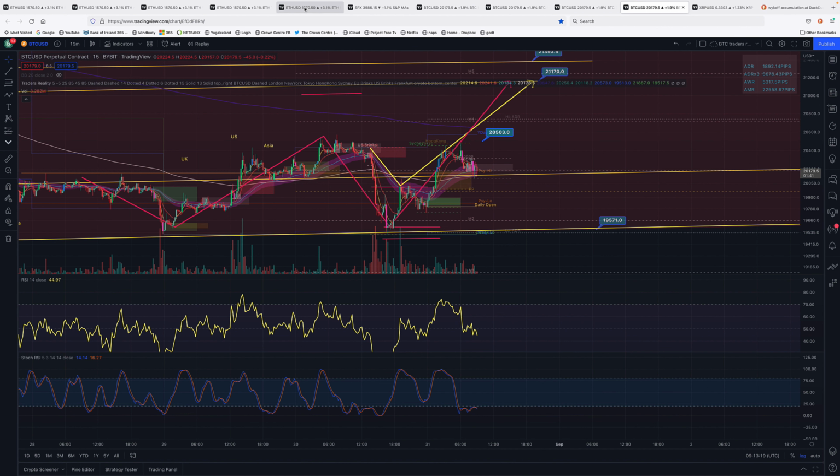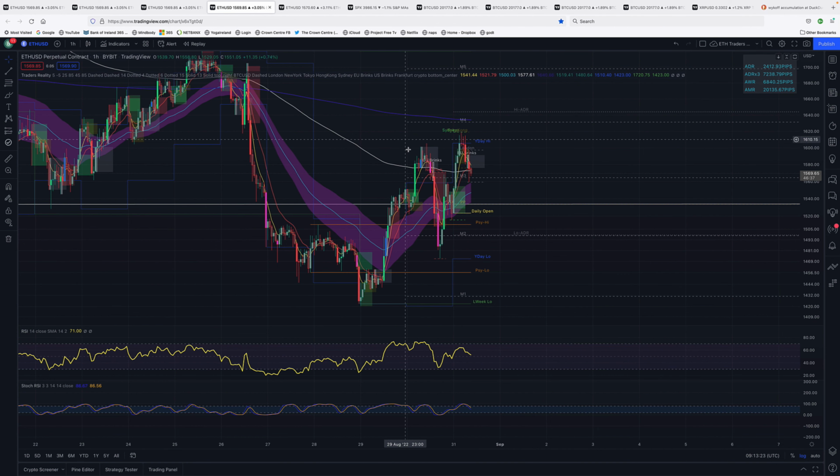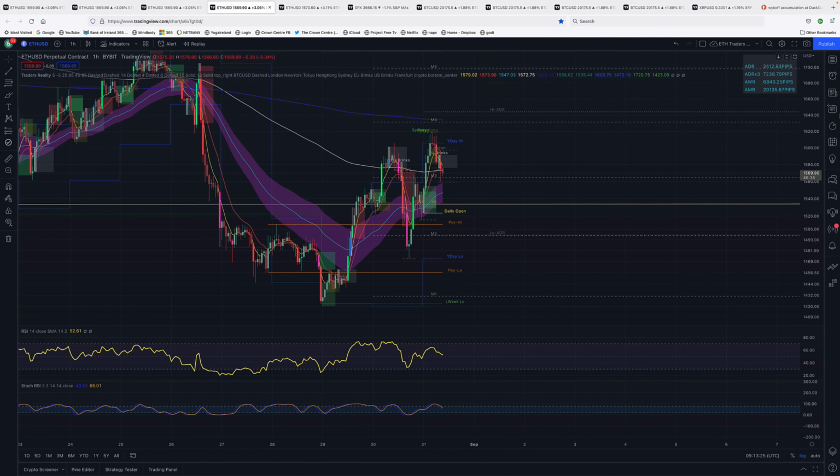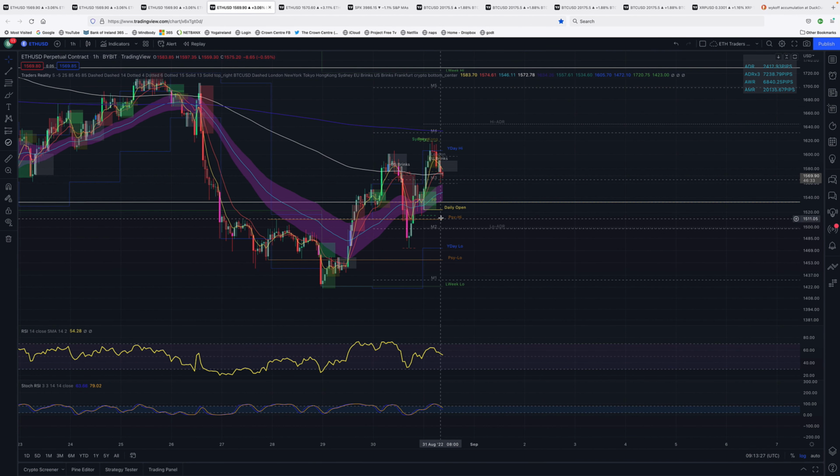We have the same situation for Ethereum. The only difference between Ethereum and Bitcoin is the distance that Ethereum has from the psychological high. Ethereum is miles from the psychological high, whereas Bitcoin is right on it. Ethereum has a slightly different anatomy here because the pivot point is before the psychological high, so it gives us a red flag there.